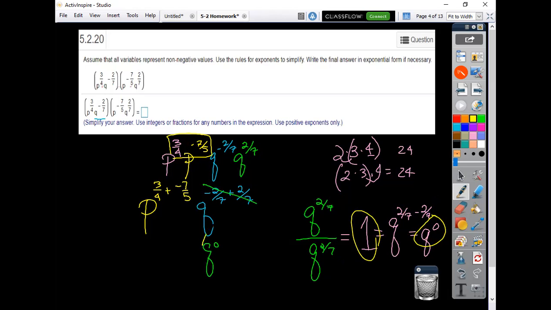So this one right here is just going to be 1 times, so our answer is just going to be whatever this simplifies out to. So remember, with fractions, common denominator. In this case, I would be thinking 20, but if I multiply this by 5, I've got to multiply the numerator by 5. If I multiply this denominator by 4, multiply the numerator by 4.